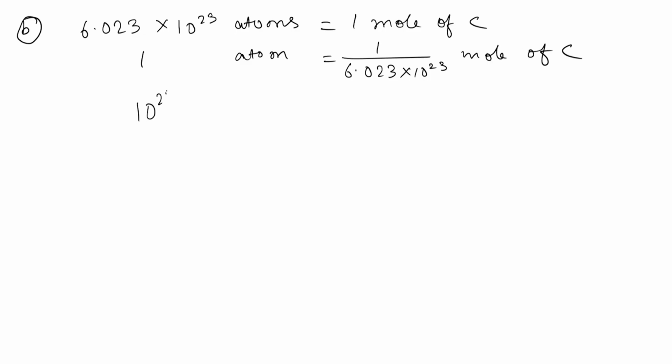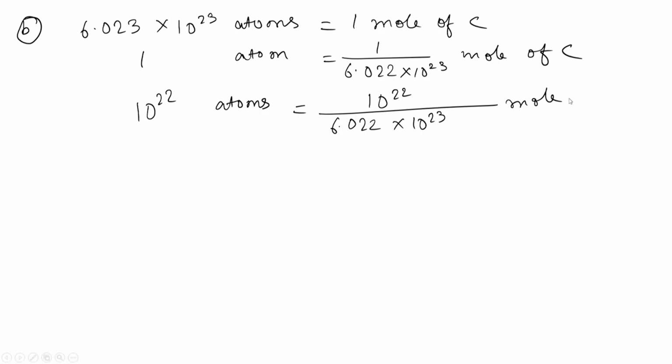So, 10 to the power 22 atoms is equal to, according to the formula, given number of particles divided by Avogadro's number. This is the number of moles. Okay. We will calculate together. So, this is the number of moles.